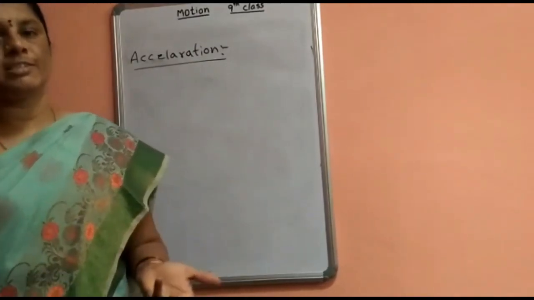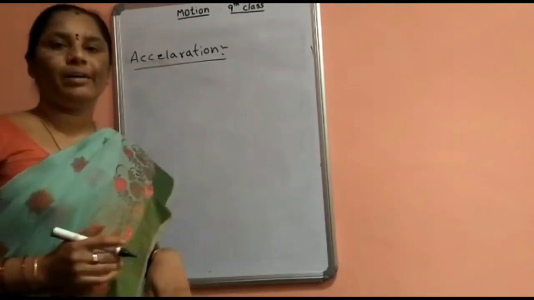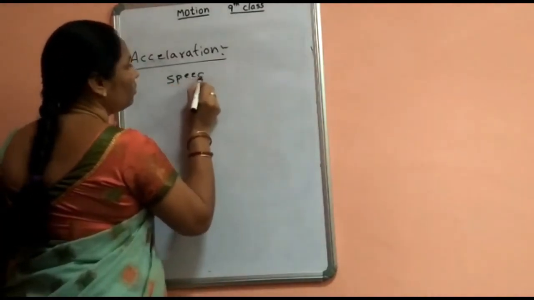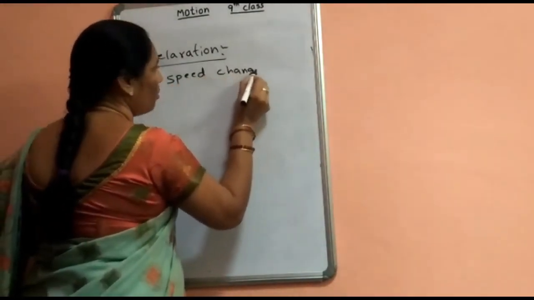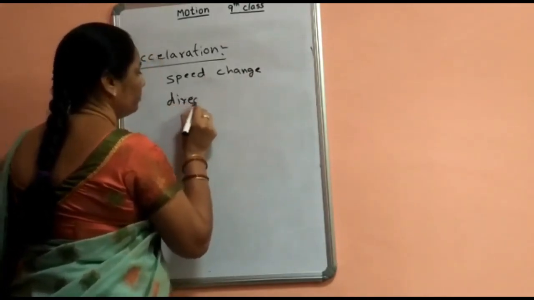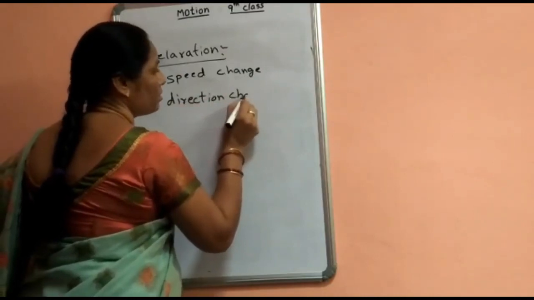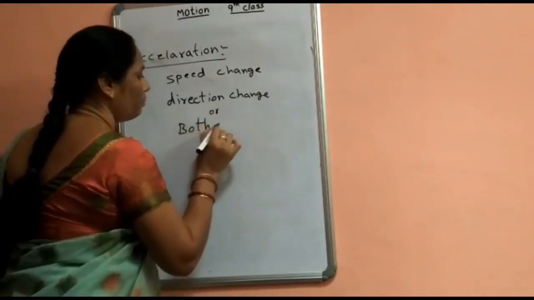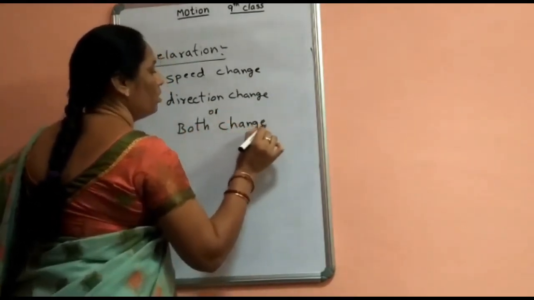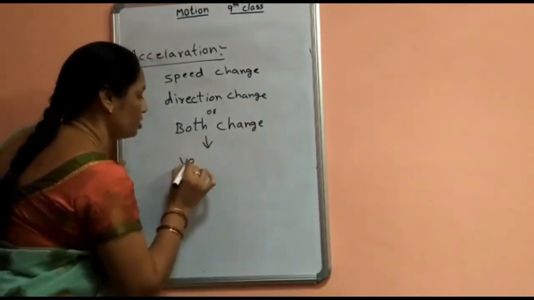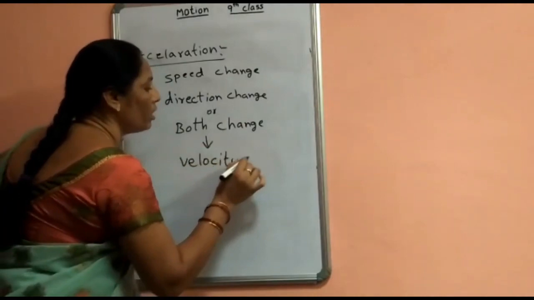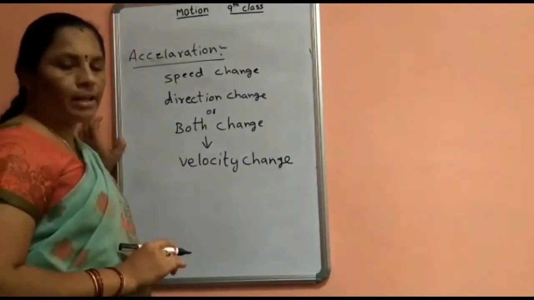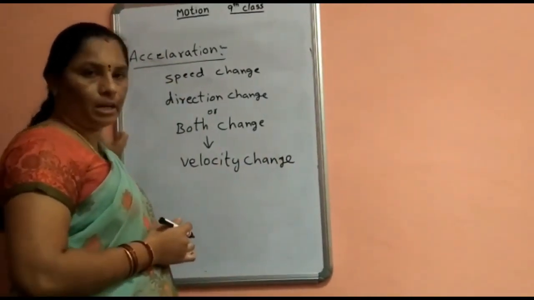When the velocity changes, that body is called an accelerated body.